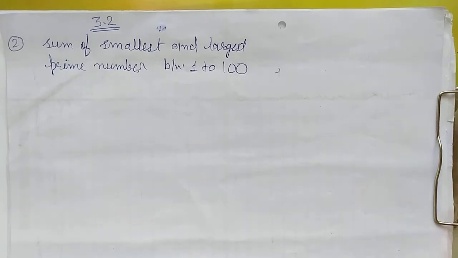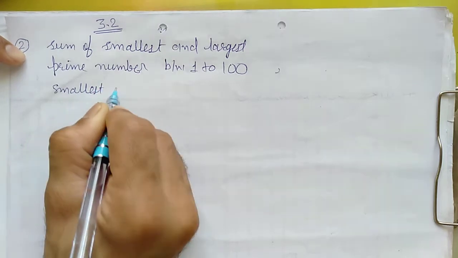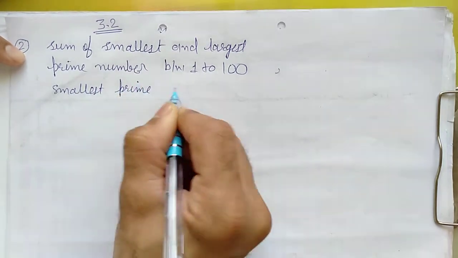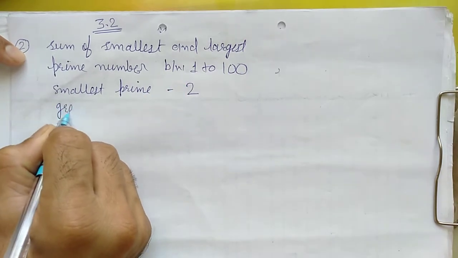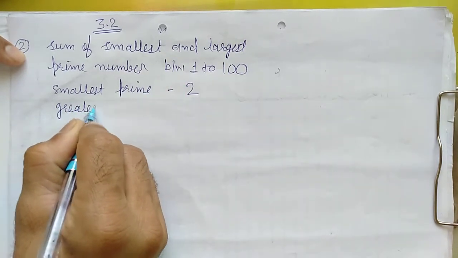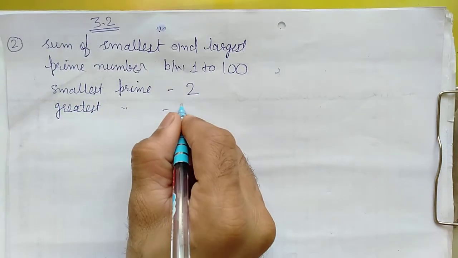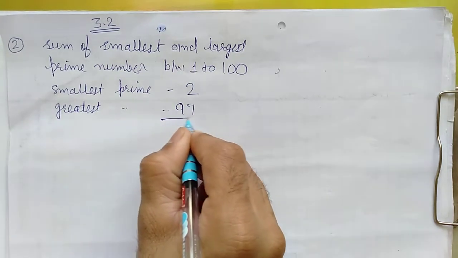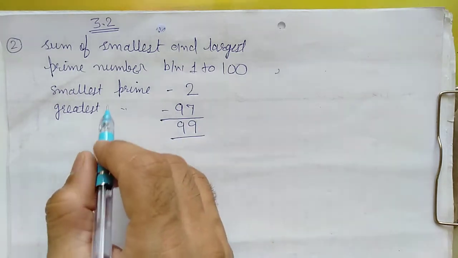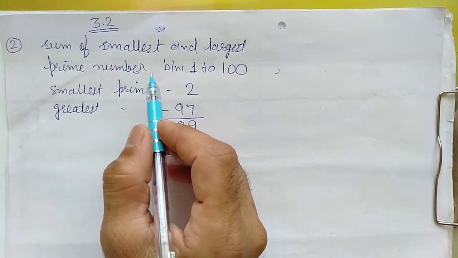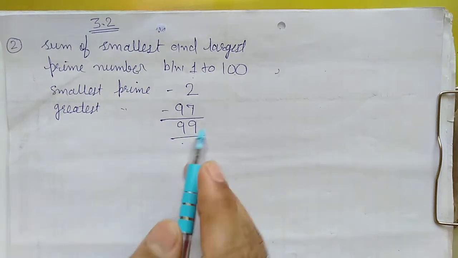Now the smallest prime number between 1 to 100 is 2, and the greatest prime number is 97, right? 97. So according to the question, their sum is 97 plus 2 equals 99. So the sum of the greatest and smallest prime number between 1 to 100 is 99, right?